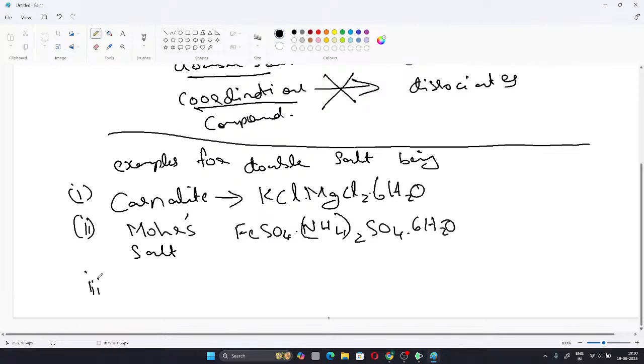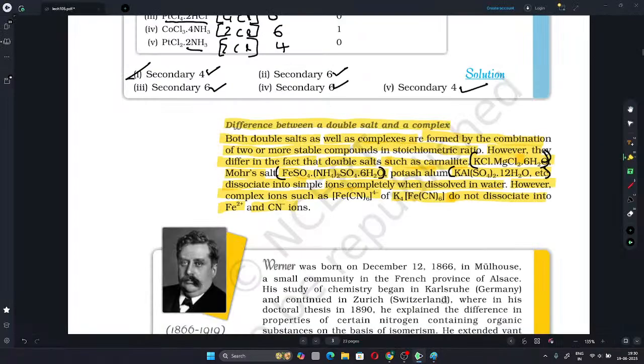The third one, potash alum, with potassium and aluminium along with sulfate and 12 water molecules.